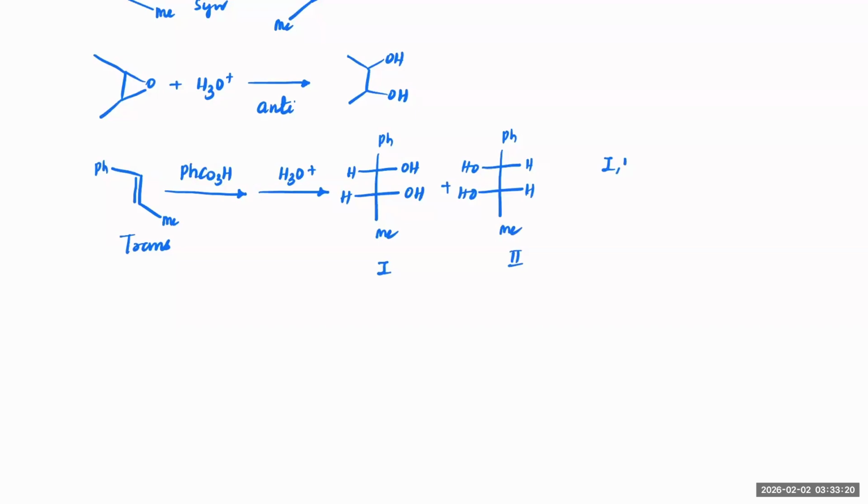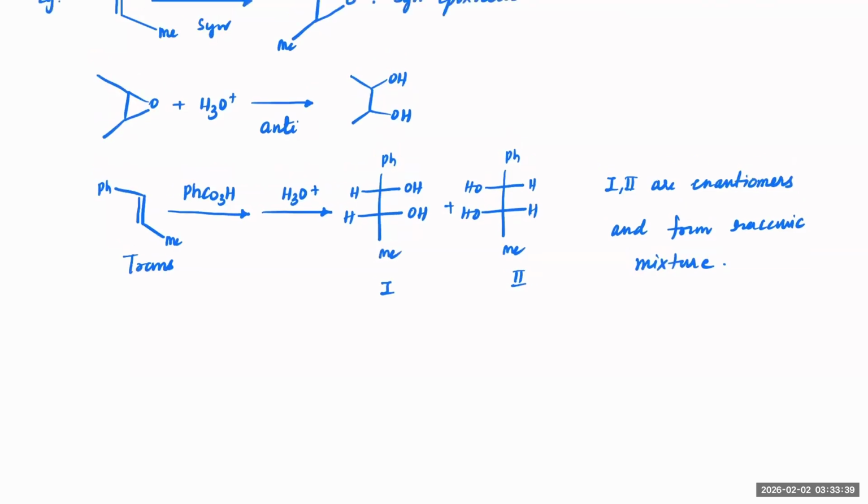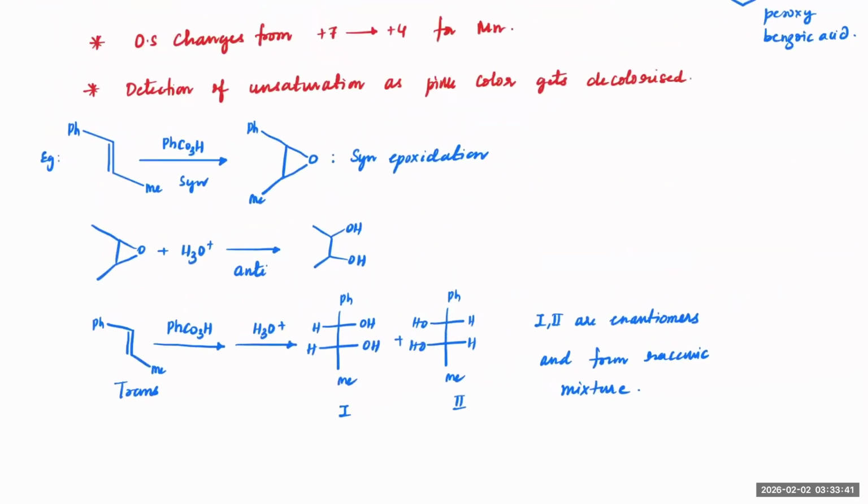So 1 and 2 are enantiomers and form a racemic mixture. Okay. So this is the overall reaction, everybody.